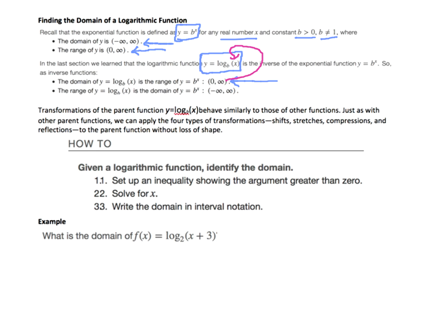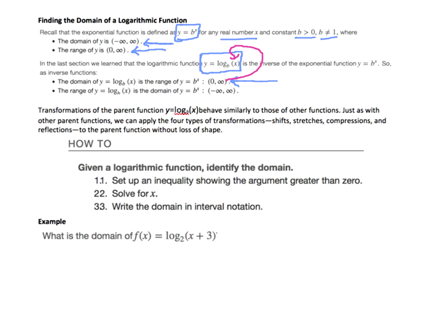Remember, I can't take the log of a negative value because there's no way to raise a positive value to any exponent that will ever yield a negative value. So now my domain is restricted to only positive values, and my range has become the domain from my exponential function, which is negative infinity to positive infinity. So all outputs are possible here.